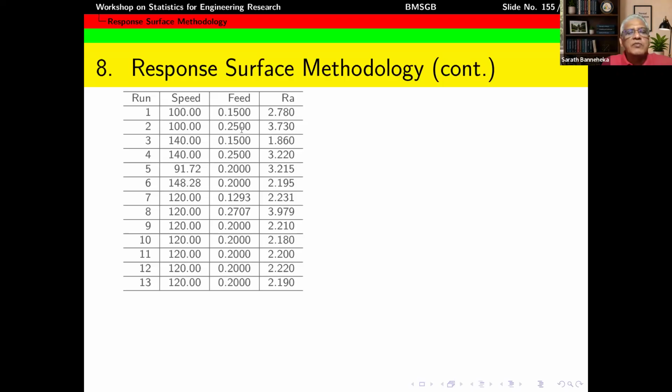And similarly, speed 100 and feed equal to 0.25, we have only one observation. It's like that for most observations, except for these observations where the same condition is repeated here. Speed is 120, feed is 0.2. For all others, you have only one observation for each experimental condition.